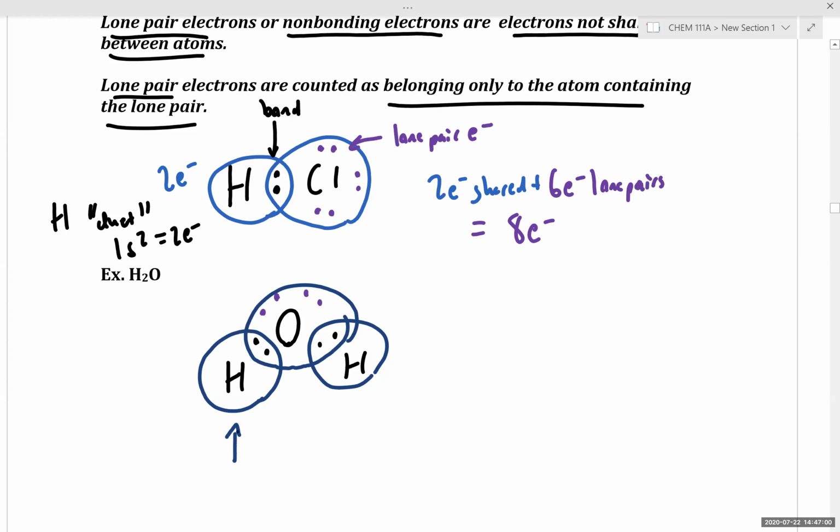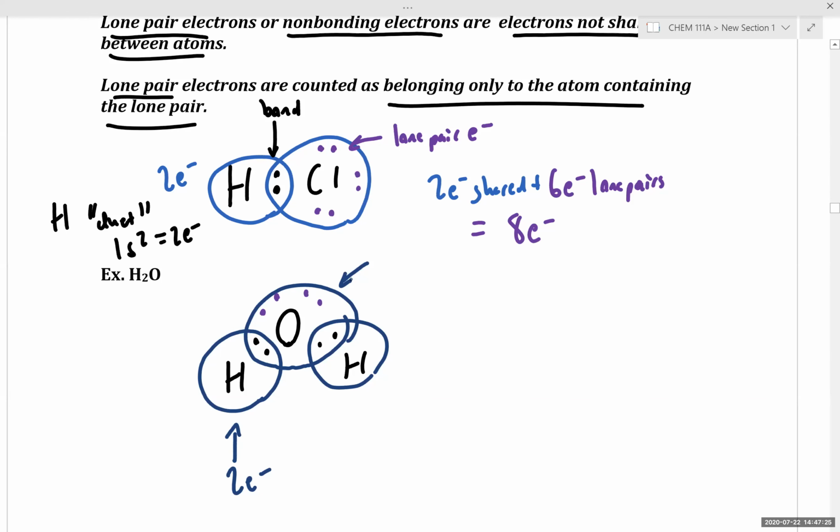So how many electrons does hydrogen own, if it has 1 bond with oxygen? 2, yep. So hydrogen has 2 electrons to its name.